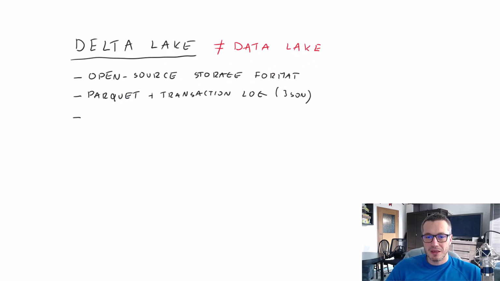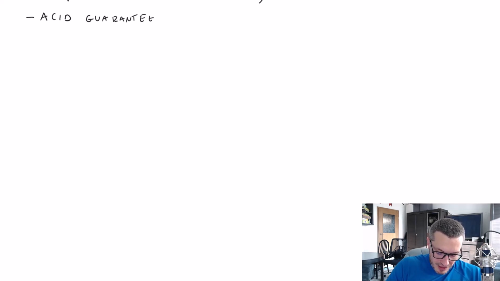So basically, Delta Lake gives us ACID guarantees, something that we didn't have in the case of Parquet. So, ACID guarantees. And this is huge, because that's something that we have in databases, like in SQL Server.